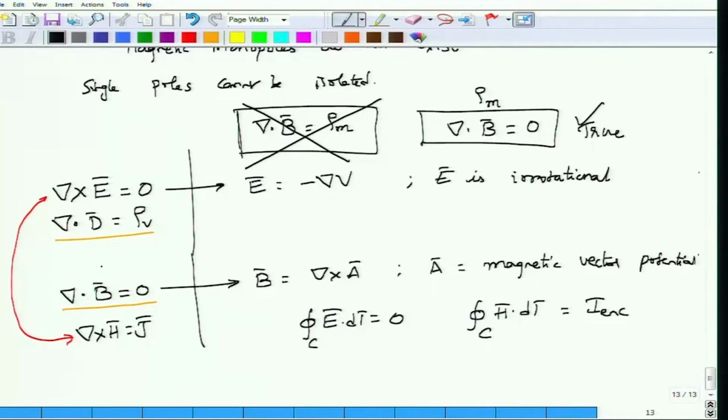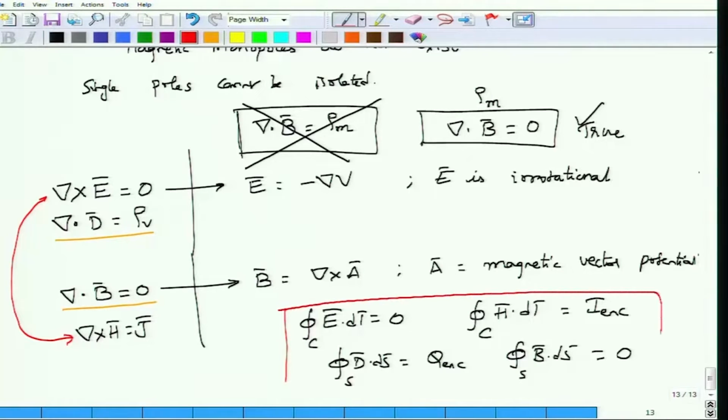The dot product laws, which are called the electric and magnetic Gauss's laws, basically say that the integral of D dot ds over the closed surface is equal to the total charge enclosed, or the integral of B dot ds, the magnetic flux density vector integrated over the surface, is equal to 0. Sometimes you would be using integral forms and sometimes you would be using the point form.